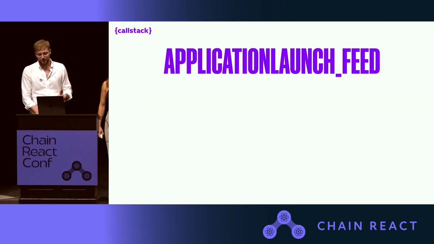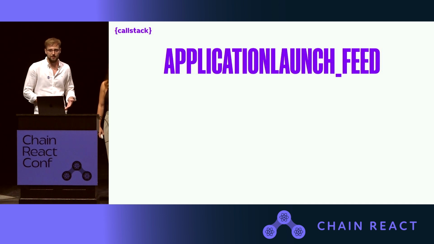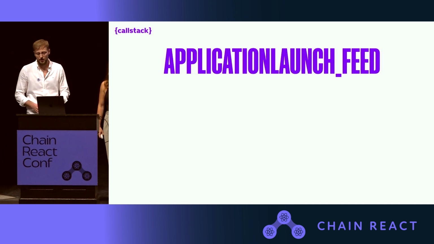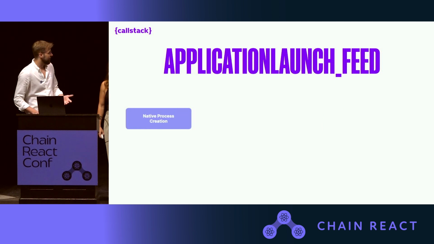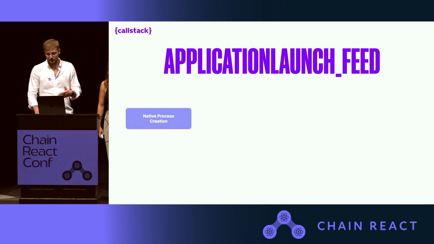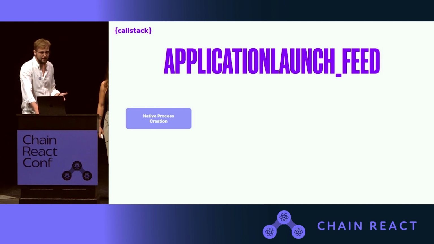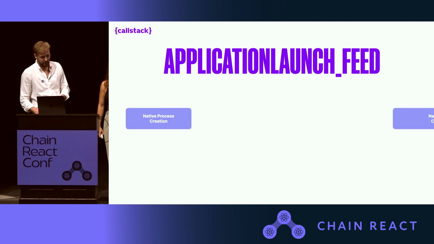Every startup process in React Native consists of a couple of universal steps that happen before we enter the JS realm. The first thing that happens is the creation of the native process that will handle the app's creation and manage its lifecycle.